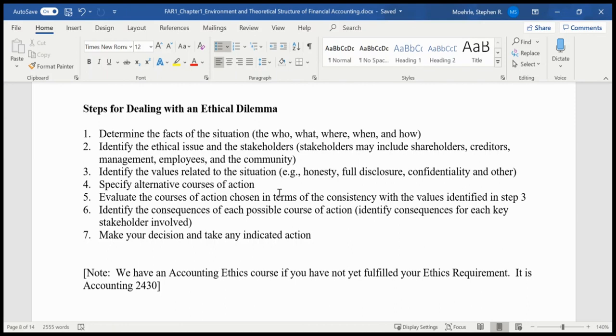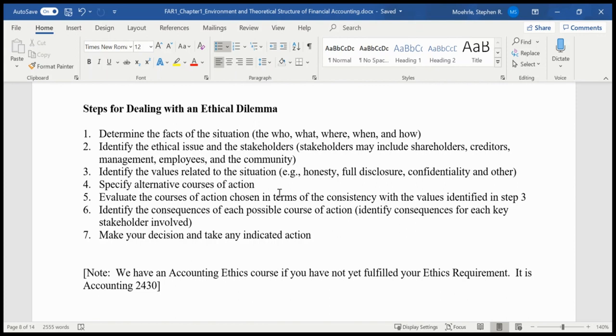Then, after you've determined the facts, identified the ethical issue, identified the potentially impacted stakeholders, and identified the values related to the situation, identify alternative courses of action. Evaluate these courses of action in terms of the consistency with the values you identified in step 3.